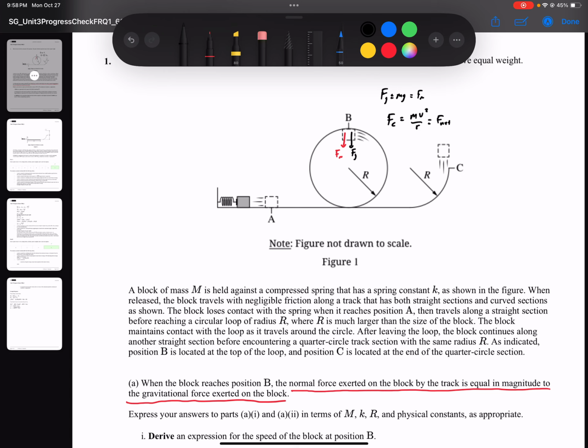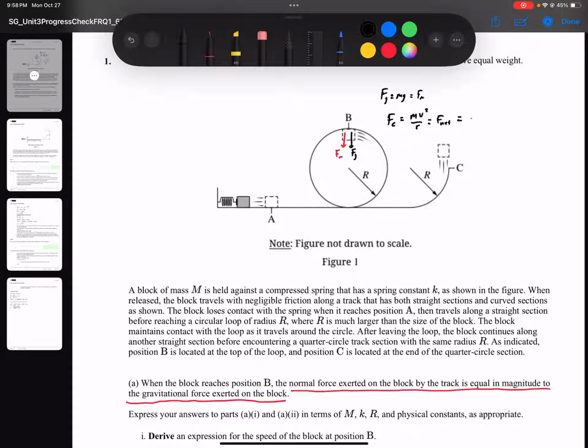In order to have a centripetal force, there has to be a centripetal acceleration that's equal to the net force on the object. So here we have normal force pointing towards the center of the circle, and we have the force of gravity pointing towards the center of the circle. So both of these forces are contributing to the centripetal force that's acting on the block.